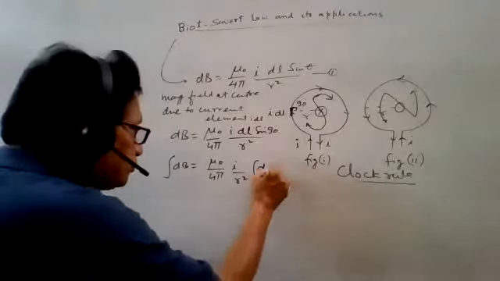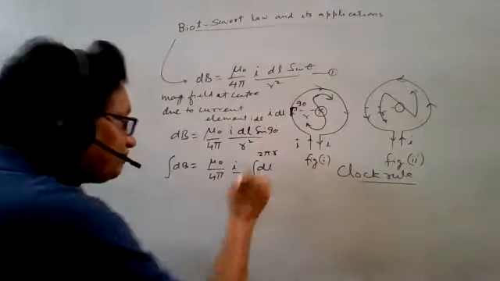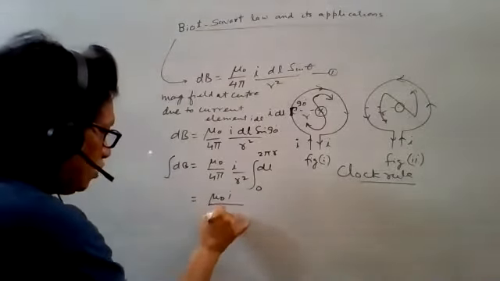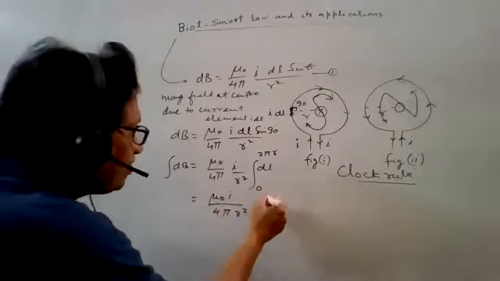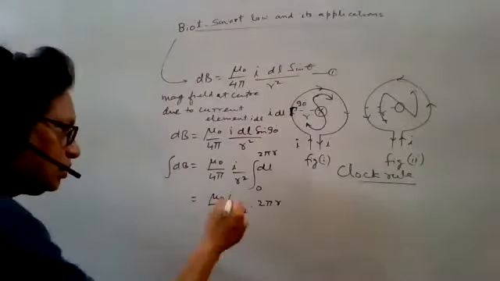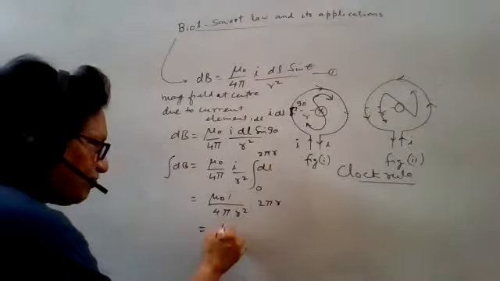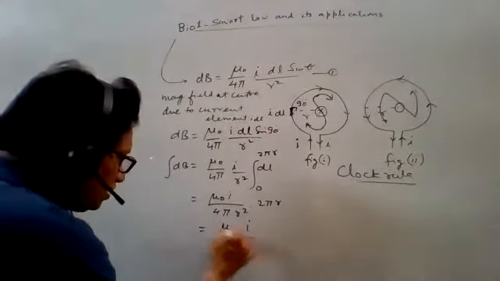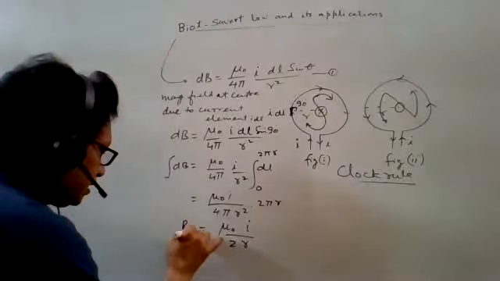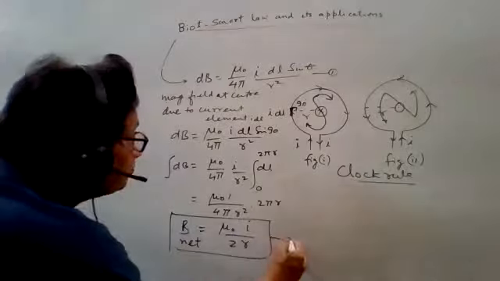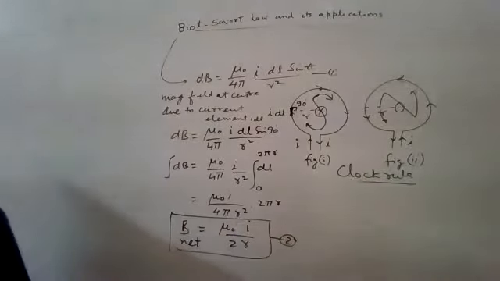It means mu naught I upon 4 pi r square times 2 pi r. If you cancel out pi, r and 2, we simply get mu naught I upon 2r. So this is the final formula, the net magnetic field at the center of the circular coil.